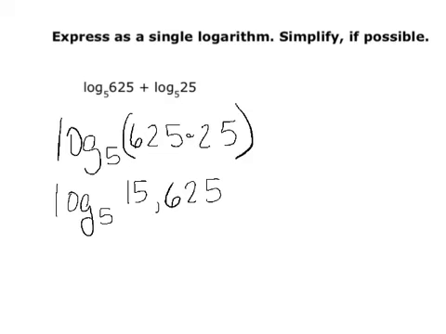Okay, use some mental math. My mental math is not that good of a calculator, so I'm going to pull out my calculator. 5 to the what power is 15,625. Believe it or not, 5 to the 6th power is your answer.